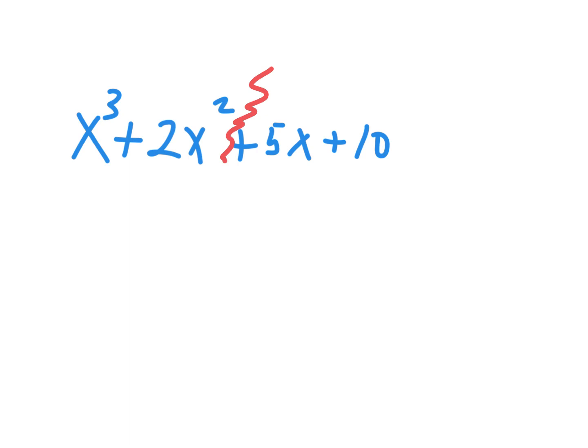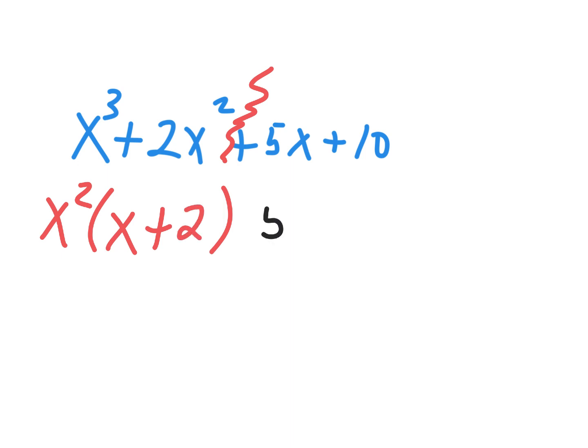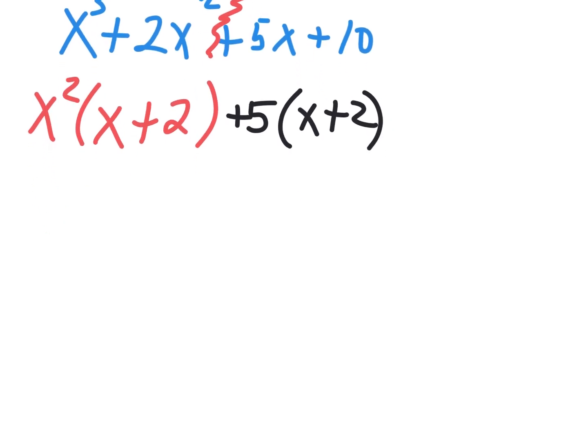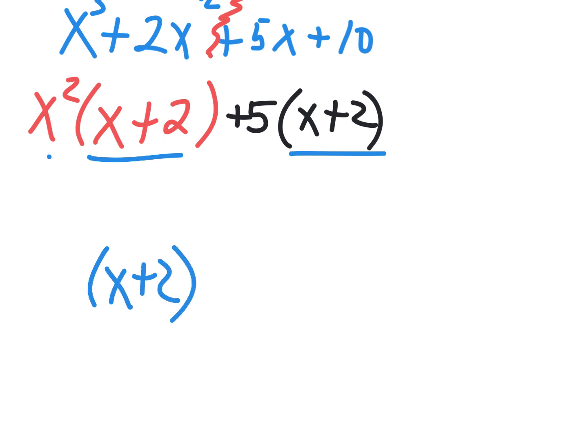Divide it, and conquer it by having it be easier to beat when you divide it in half. And I'm going to notice that those two both have an x plus 2 in them. That's the common factor now. And these things are what's left.